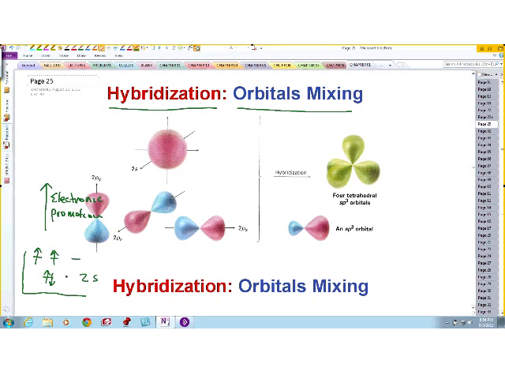One of the electrons in the s orbital will be promoted to the p orbital because the s orbital has less energy than the p orbital. So the first thing you get is electronic promotion. That means you require some energy to do that.